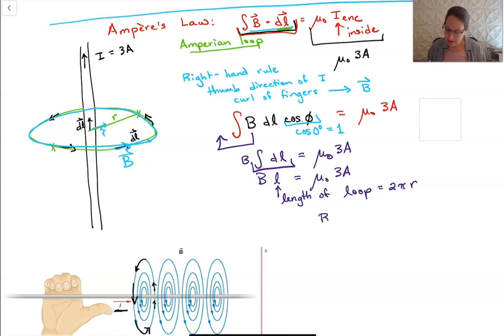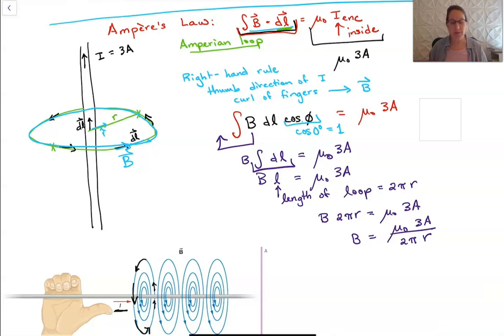So the magnetic field times 2 pi r is equal to mu naught times the current, in this case 3 amps, but it could be whatever we had. The magnetic field is mu naught times 3 amps over 2 pi r. That determines our magnetic field some distance away from our long wire.